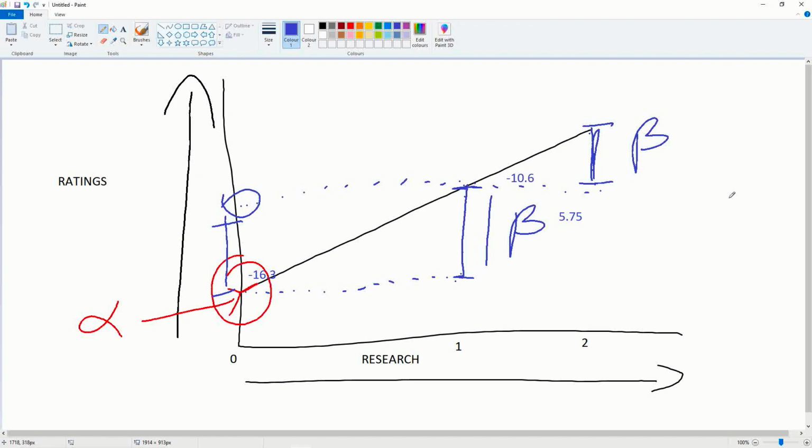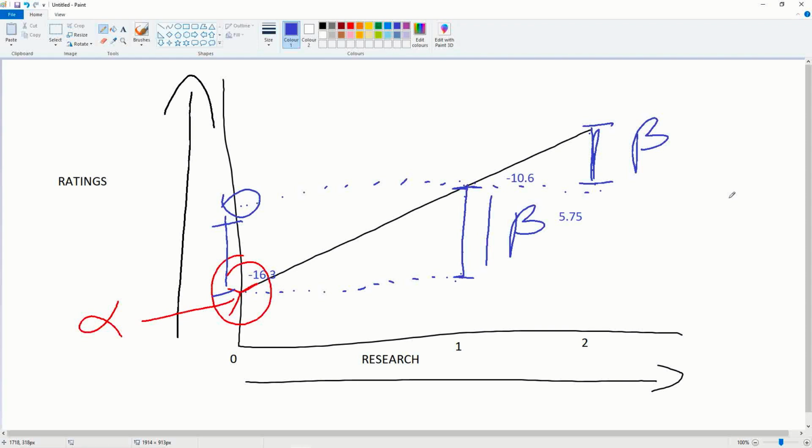So for every 1-unit increase we see in research, we'll see the same amount of change in our DV. Now this is what we mean by a linear regression, in that we assume that every single unit increase in our IV produces the same unit increase in our DV. So in this case, for every 1-unit increase in research, we assume our DV is increasing by 5.75.